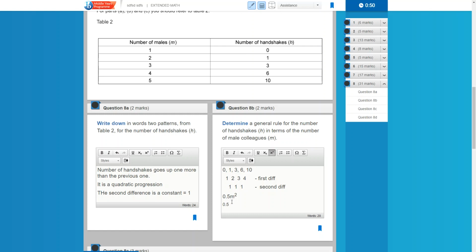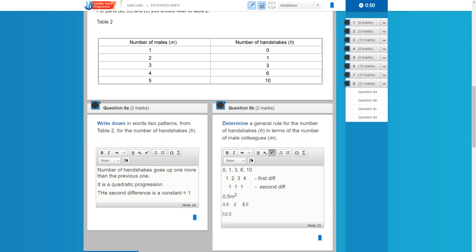When m is 2, 2 2s are 4, 4 times a half is 2. When m is 3, 3 3s are 9, 9 times a half is 4.5. When m is 5, 5 5s are 25, times a half is 12.5.